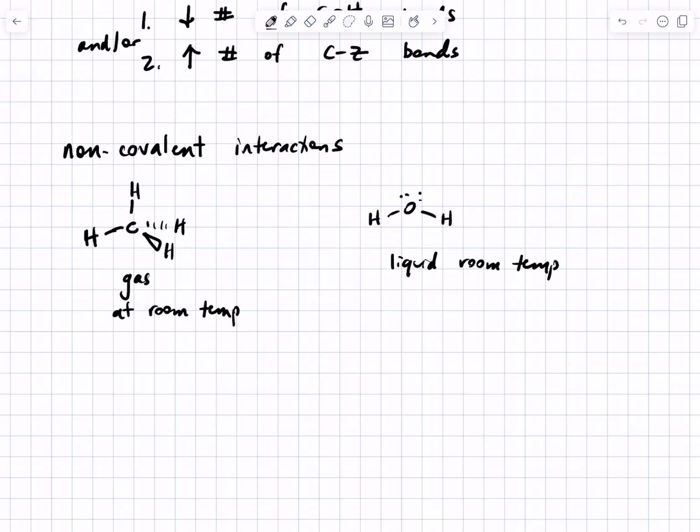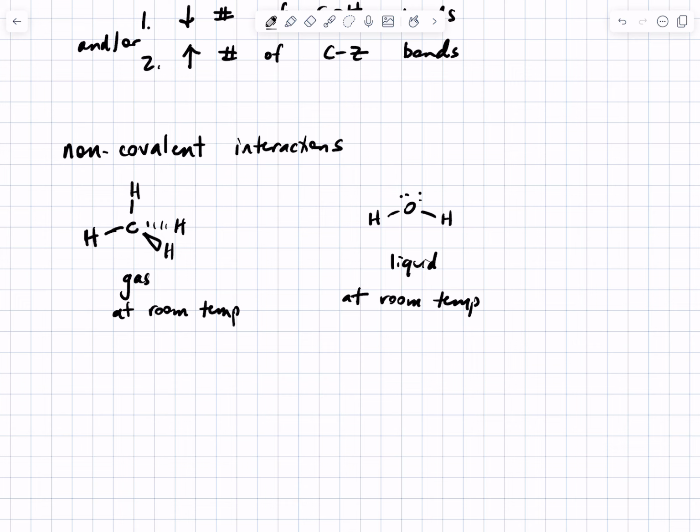They're similar in size. In fact, methane has more atoms, and they're all from the second row of the periodic table, at least carbon and oxygen are. But that's a pretty dramatic difference, gas versus a liquid, right? So what makes that happen?